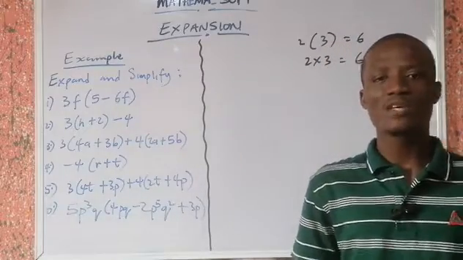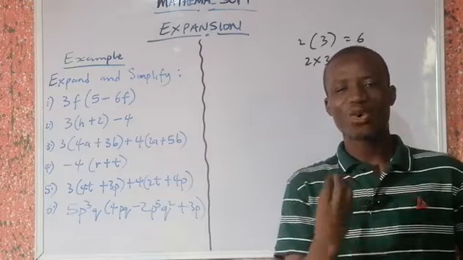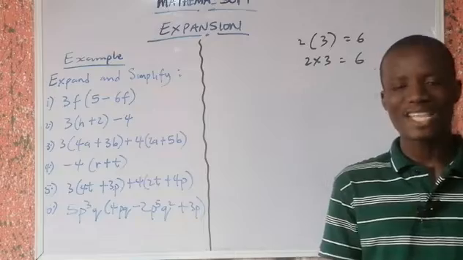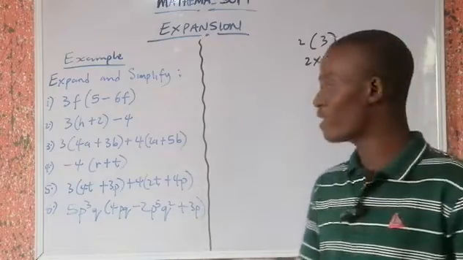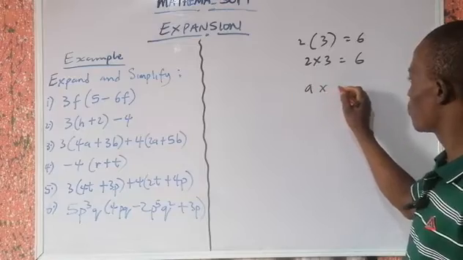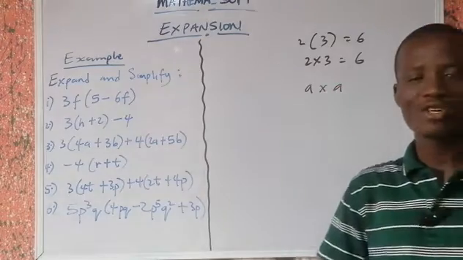Now, how we open up the bracket using the multiplication requires some fundamental skills, and that is under indices. The basic knowledge under our indices is when variables of the same variable multiply each other.